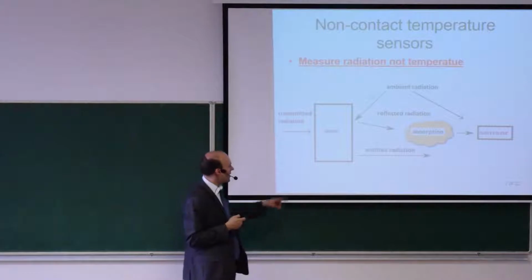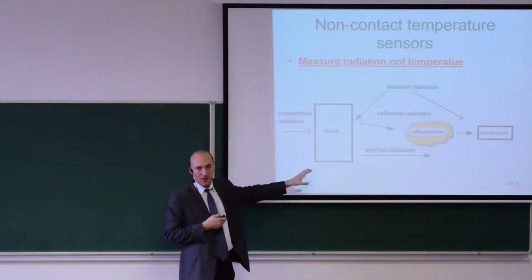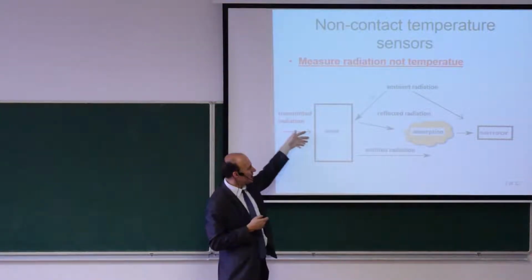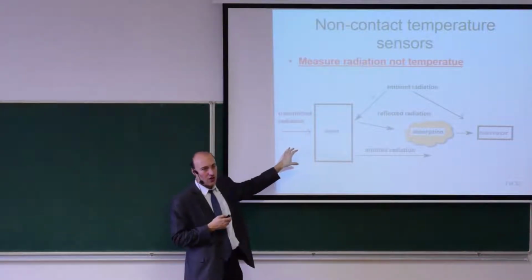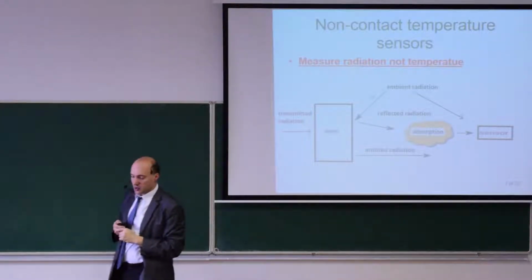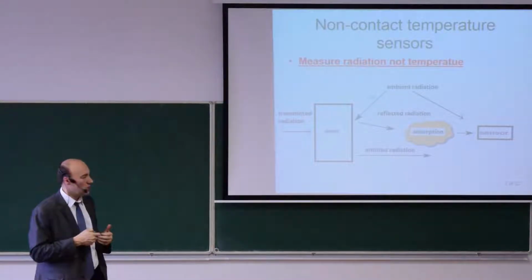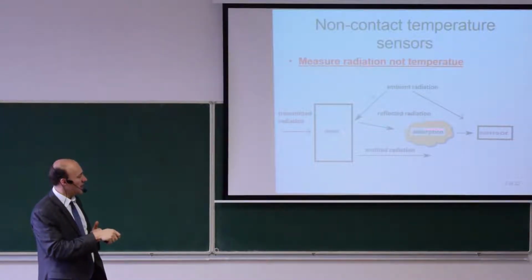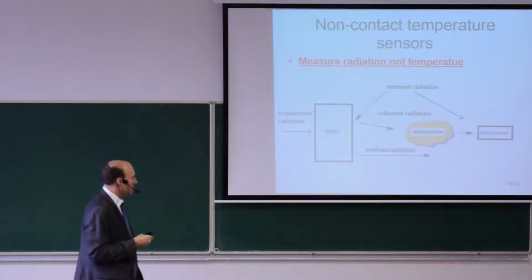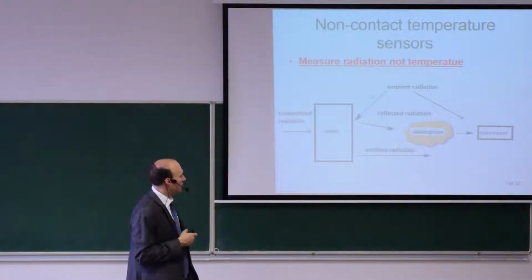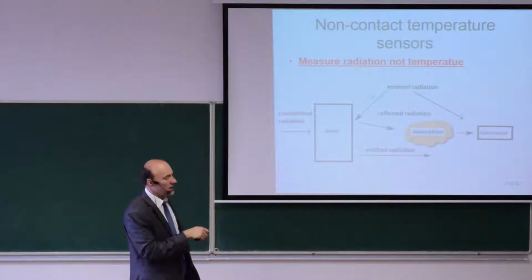If your object is transparent on some wavelength at least, then you may see some heat sources that are behind this object. So you will see also some part of the transmitted radiation which will go through your object, and you will measure it with the sensor as well. And the last component that will be very important will be absorption in the atmosphere.